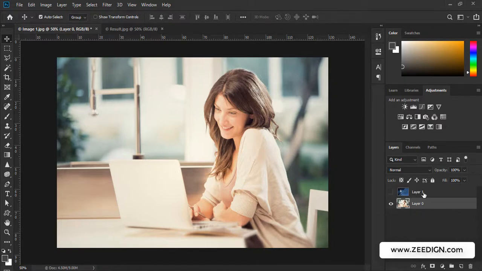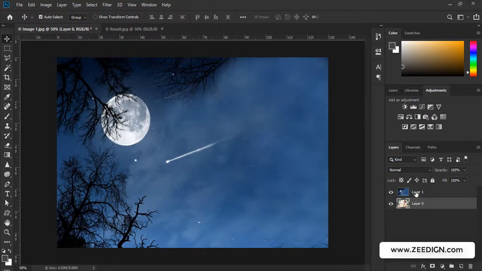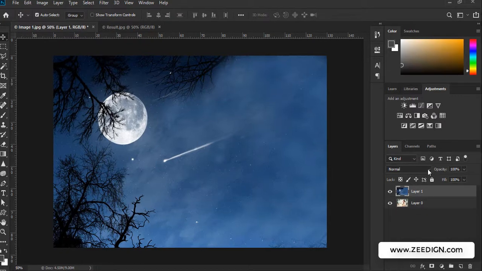This is how these are referred to, and I will refer to these terms in the third section of this video, so you better remember this. This is the base one, which is in the bottom, and this is the blend one, which is on the top.